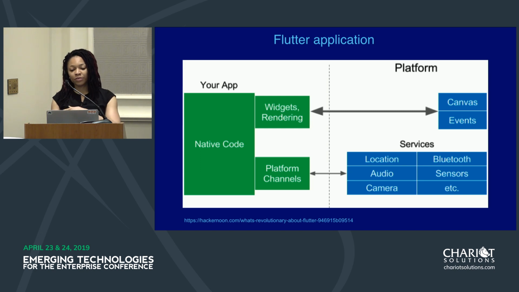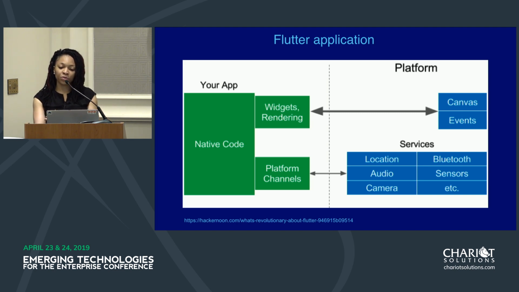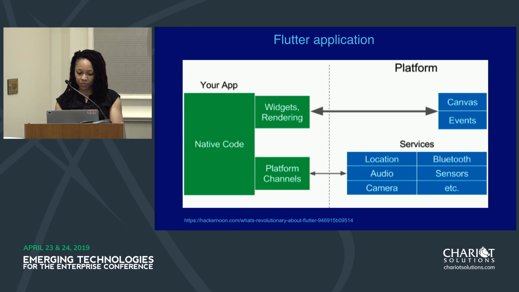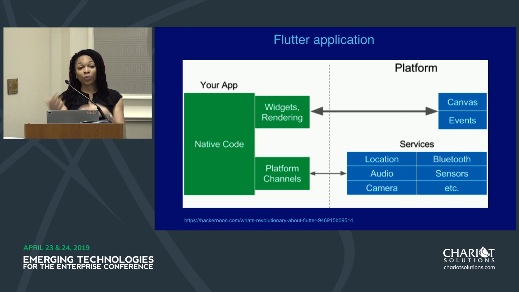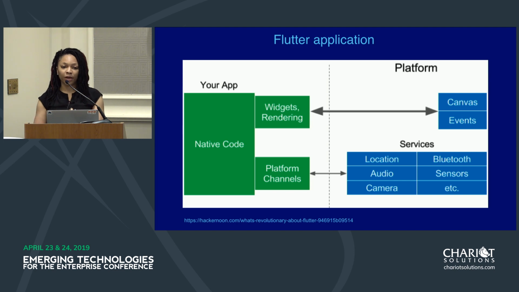You just communicate directly to the canvas, and your widgets get drawn on the canvas. And the same thing with the platform services. Your app communicates through the platform channels to the platform services. So because Flutter doesn't have that JavaScript bridge, it's more performant, and there's minimal cost in communicating with the platform.